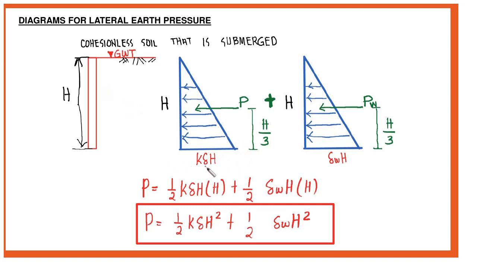So, the same, our pressure is equal to K times unit weight times the height. This coefficient of lateral earth pressure depends on the condition of our soil, if it is at rest, passive, or active. So we have here the P plus we have to add the pressure caused by the water.